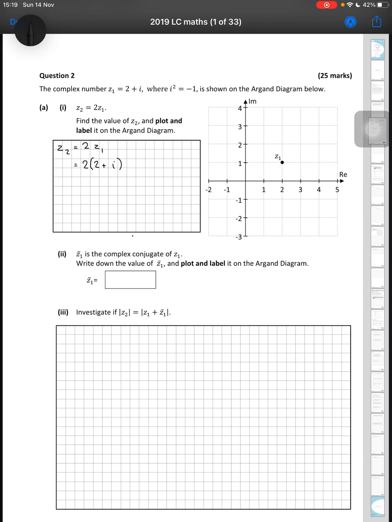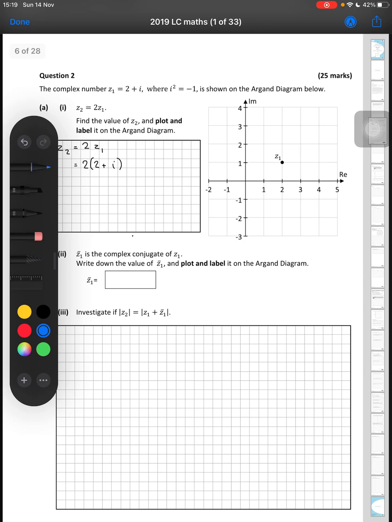Then at this point we can just do this out with our algebra. So I'll have 2 times 2, so I'll get 4, and then 2 times i is 2i, so plus 2i.